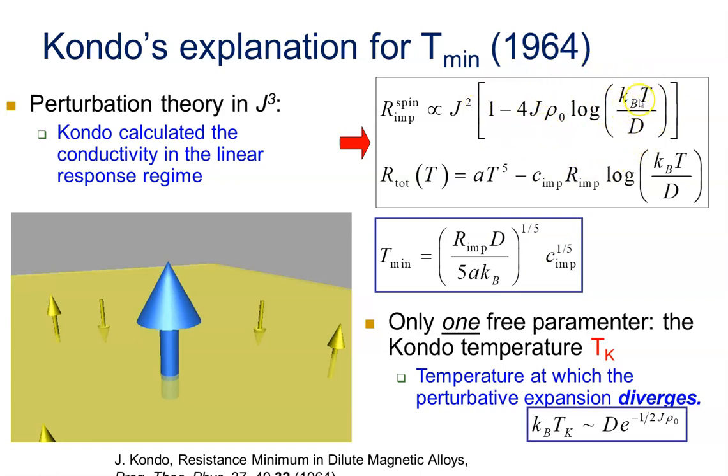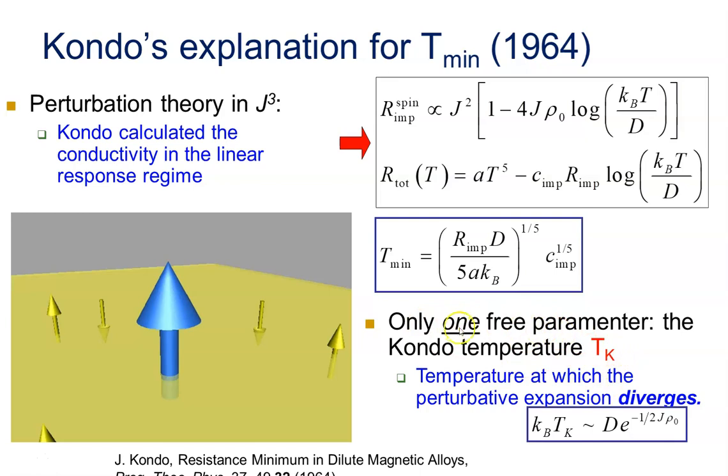Notice that this is a minus log of kBT over D. So if kBT goes to 0, this log explodes and the whole thing diverges. So perturbation theory gets you the minimum and explains why this is going on, but definitely doesn't explain what happens for temperatures well below T minimum.